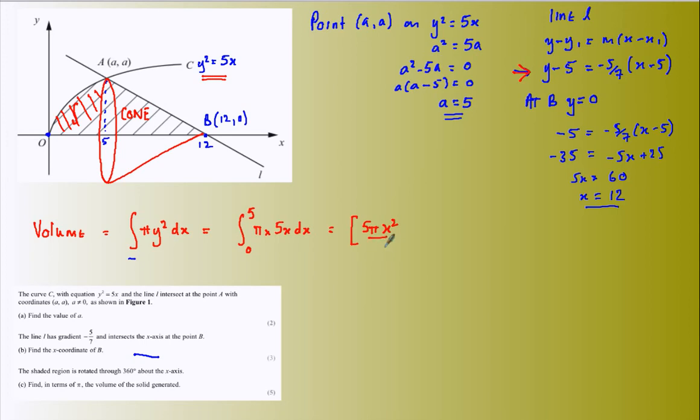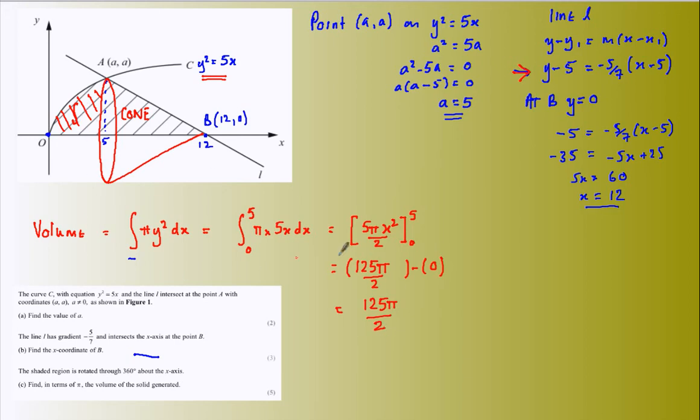Integrate x to become x squared over 2 between 0 and 5, put my limits in, put 5 in, put 0 in. When I put 0 in, I'll clearly get 0 out. 5 squared, 25 times 5, so 125 pi over 2.